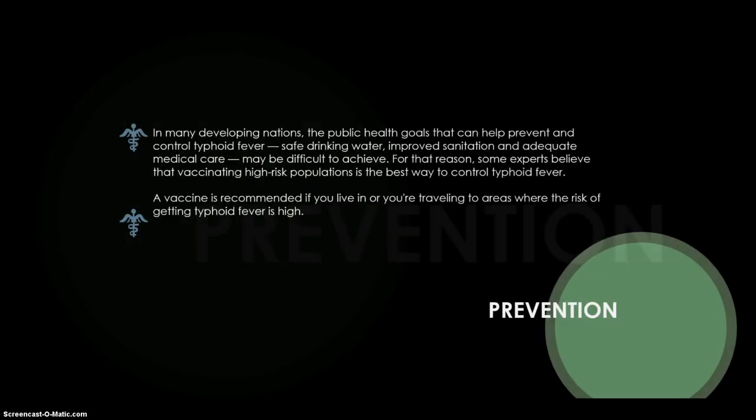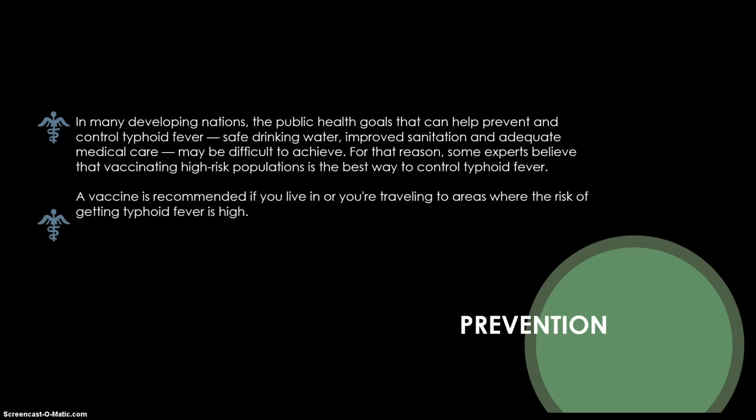The third thing we should talk about is prevention. In developing nations, they have developed different antibiotics for this disease. They have a safe drinking water system, they have improved sanitation, they have adequate medical care.